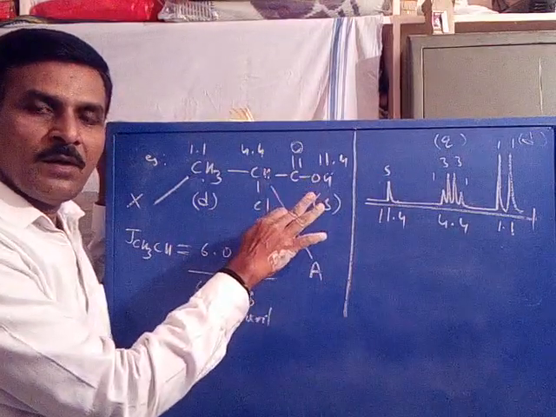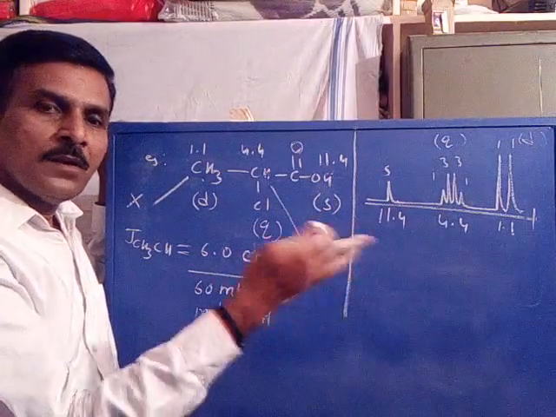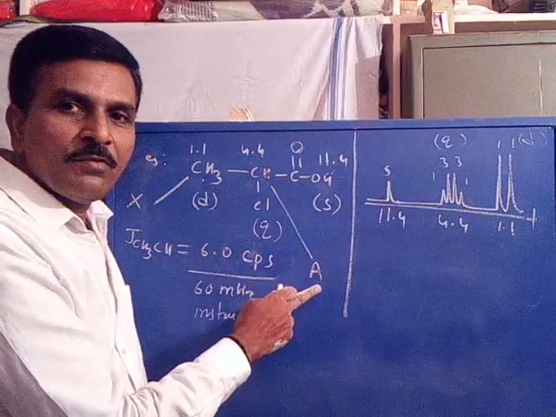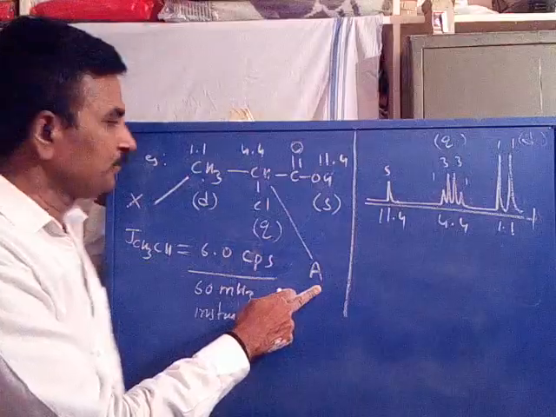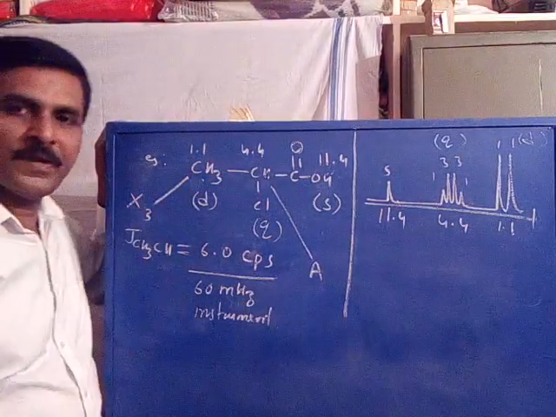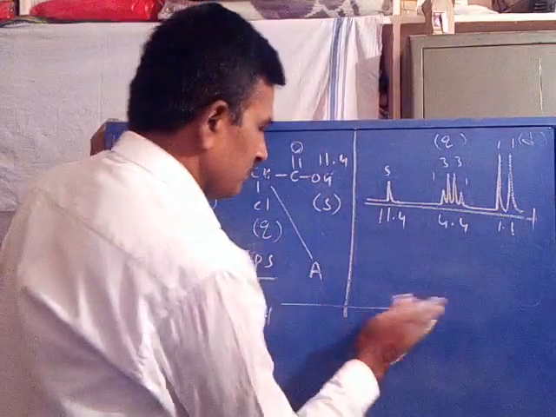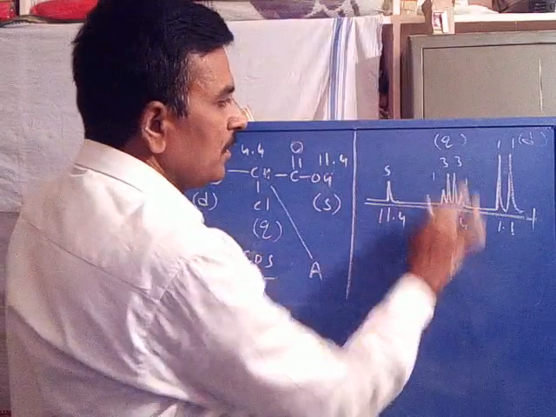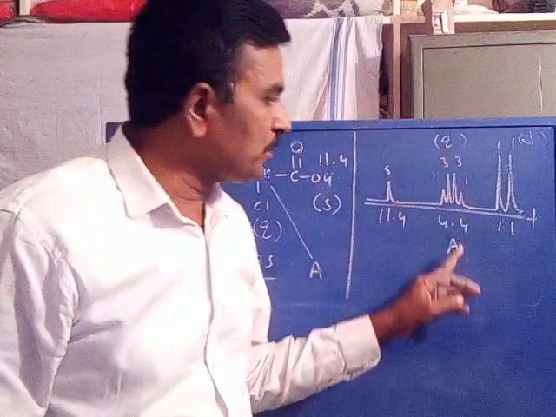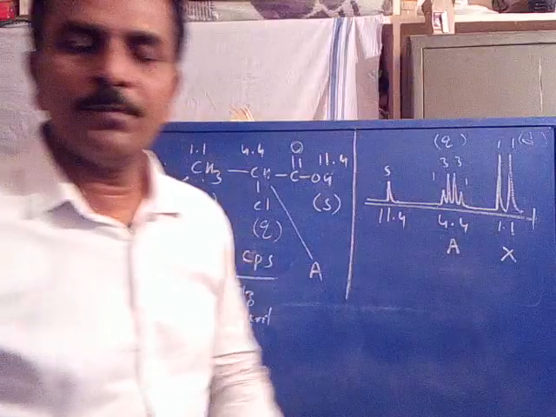Letter X. A has one proton. In the previous example of ethyl alcohol, we discussed that if there is only one proton under coupling, no need to designate separately with a subscript. So it has one proton, therefore we are not using any subscript. Now this set has 3 protons, therefore X is to be subscripted with 3. So the CH proton is the A set of proton, and the CH3 proton is the X set of proton.